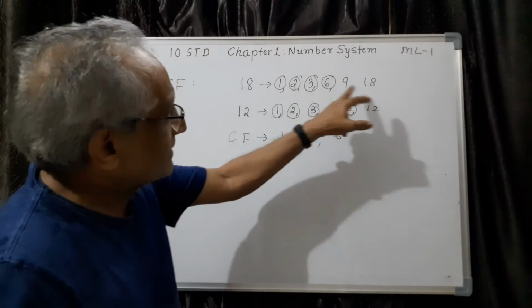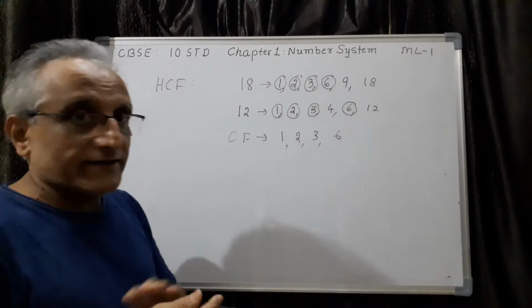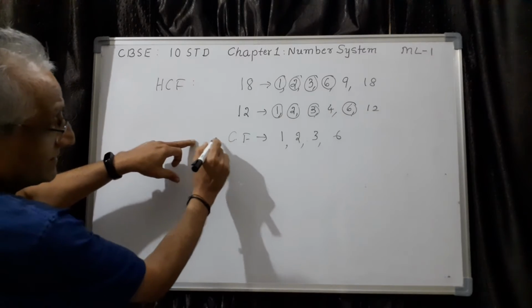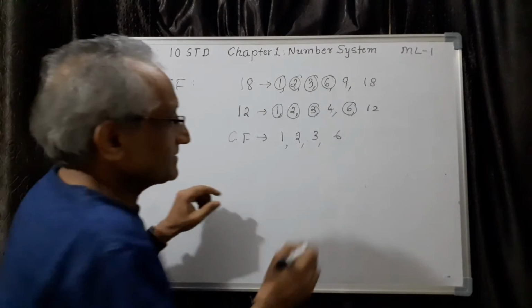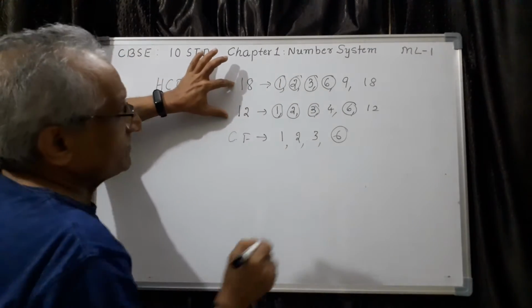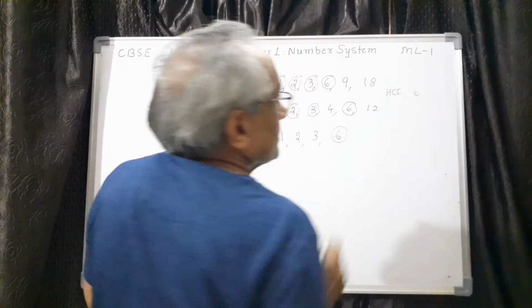No other factors are common. 9 is a factor of 18, but it is not a factor of 12. So we have taken only the common ones. Now try to understand: highest common factor. Among the common factors, whichever is highest, that we take. So the HCF of these two is 6.